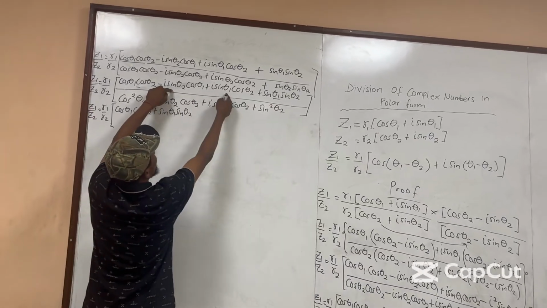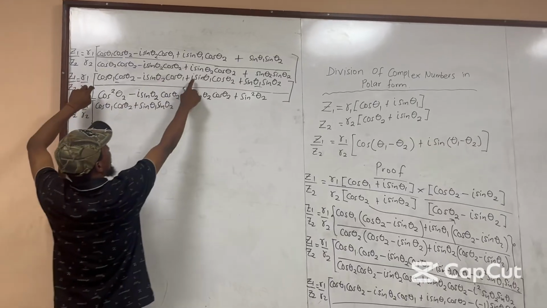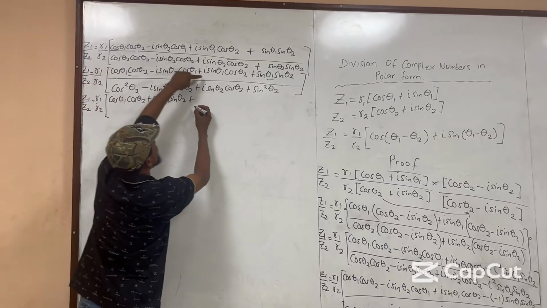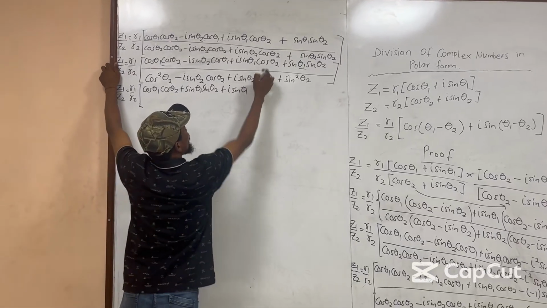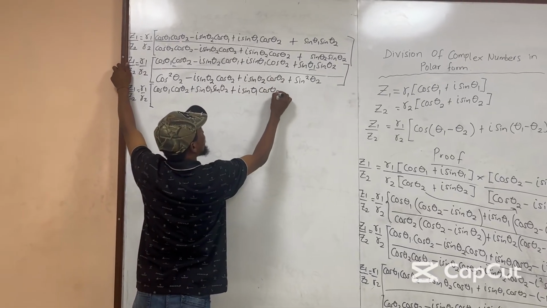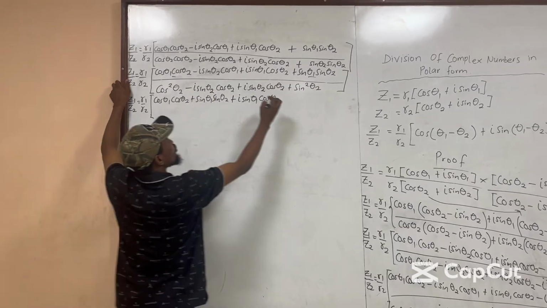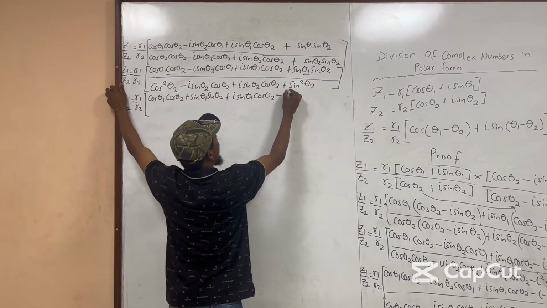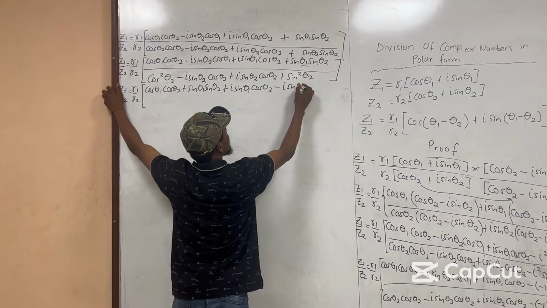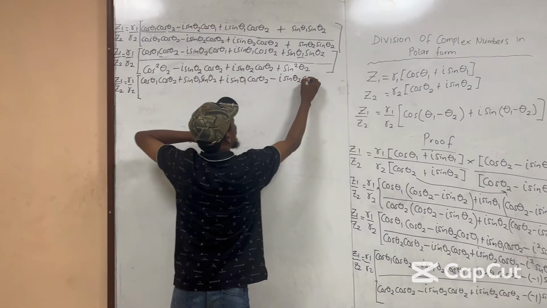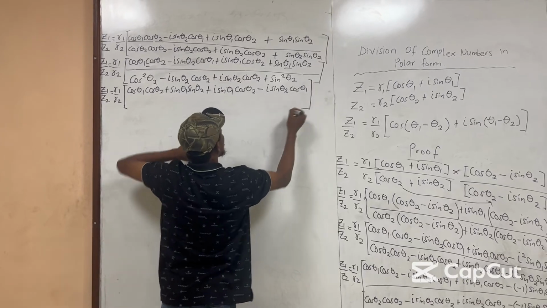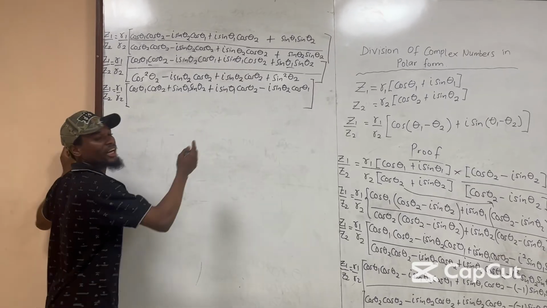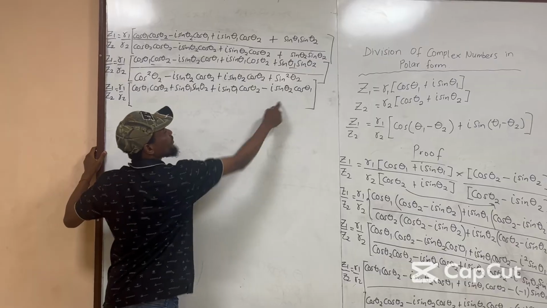So we will now join this, okay? So I have plus I sin theta 1 cos theta 2, then minus I sin theta 2 cos theta 1. Okay, or you can decide to bring this here and this over there.